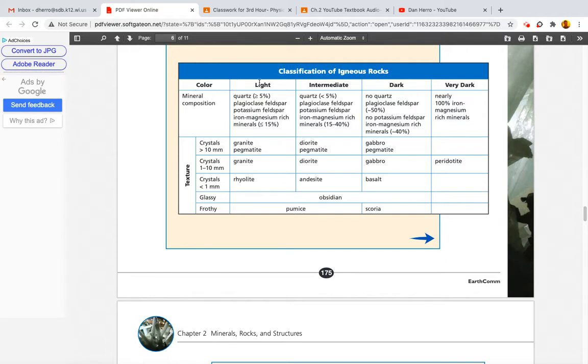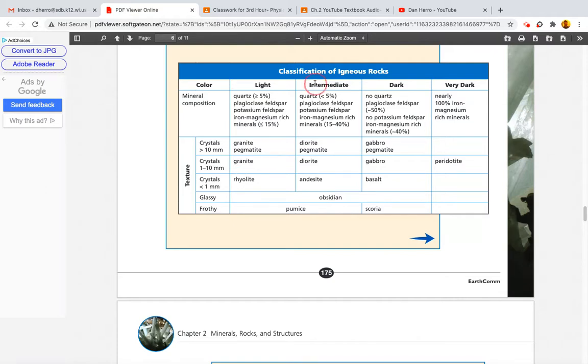If the lighter rocks, and then there's the percentage of quartz they contain, and then here's some different types of light igneous rocks: granite, pegmatite. Here's different classifications as far as texture. You're measuring the crystals.